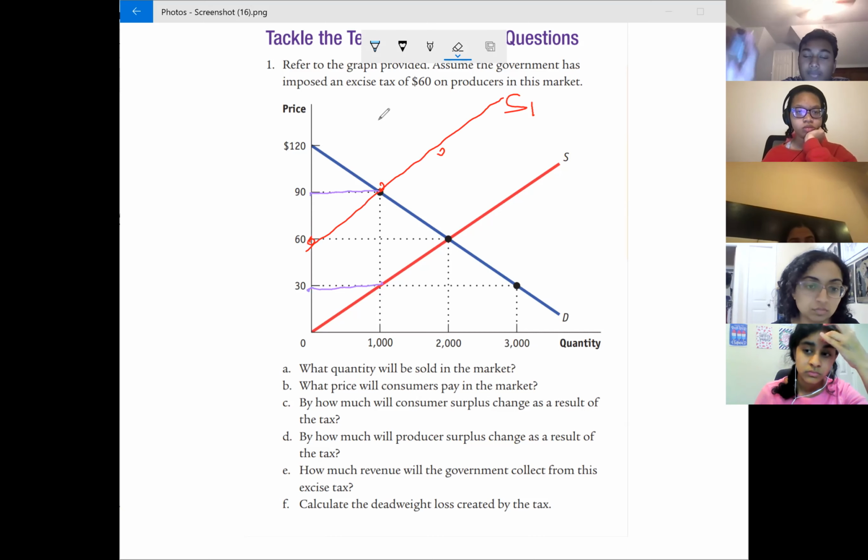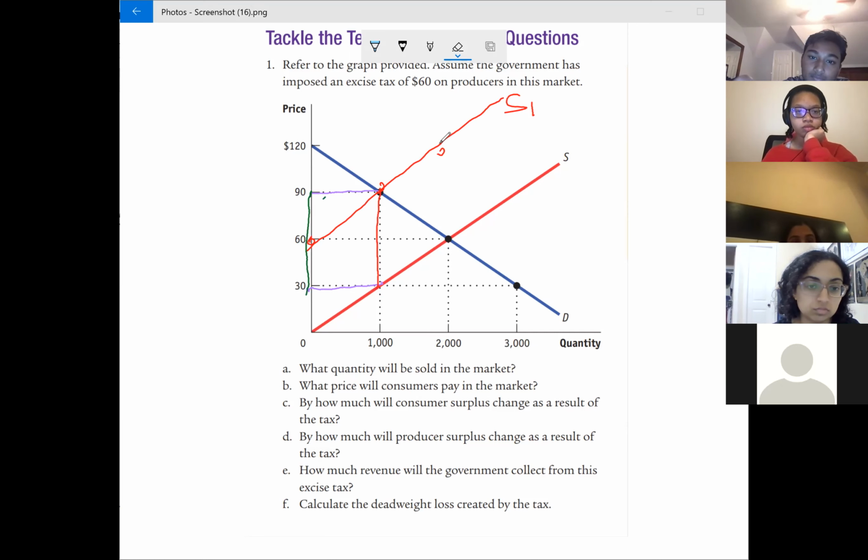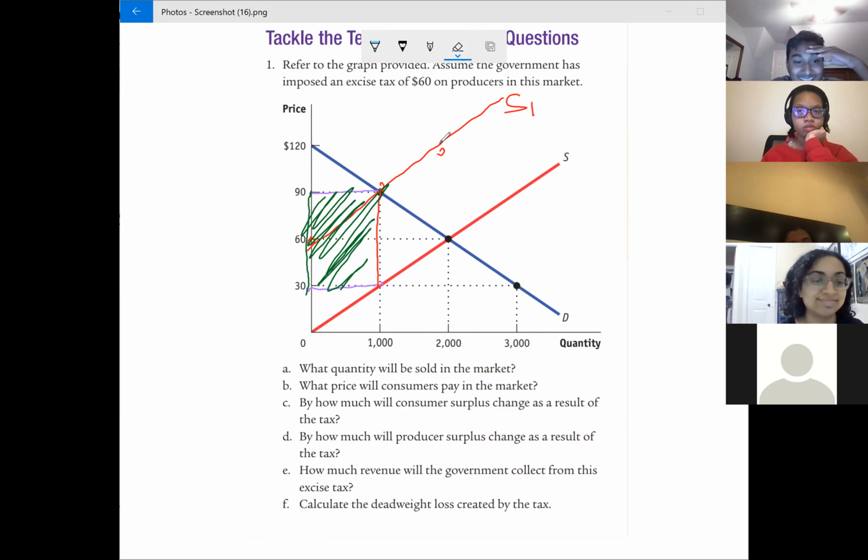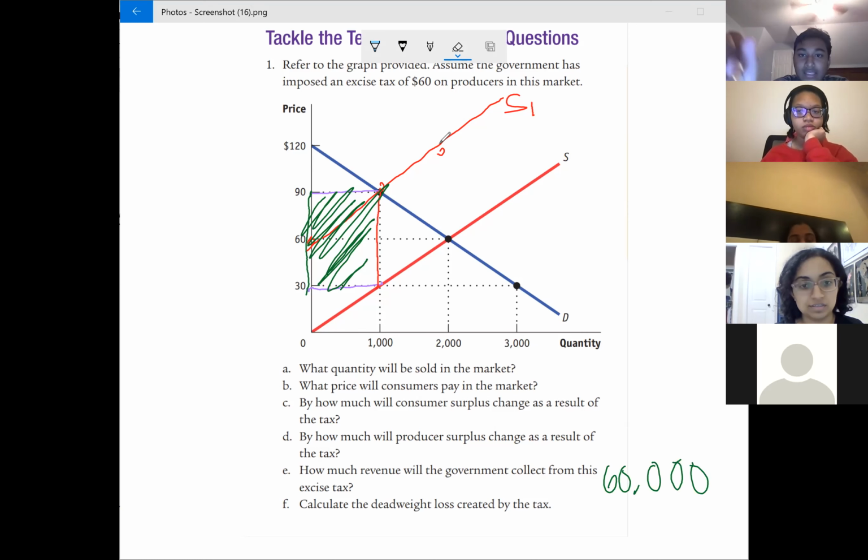So the area in between, where that line is drawn, this is what the government gets to keep, right? And so that would be just the area of a rectangle. So 60 times 1,000, is it 60,000 or 600,000? 60,000. Okay. Also just double check if these are right. I think they might be right. I'm not sure.